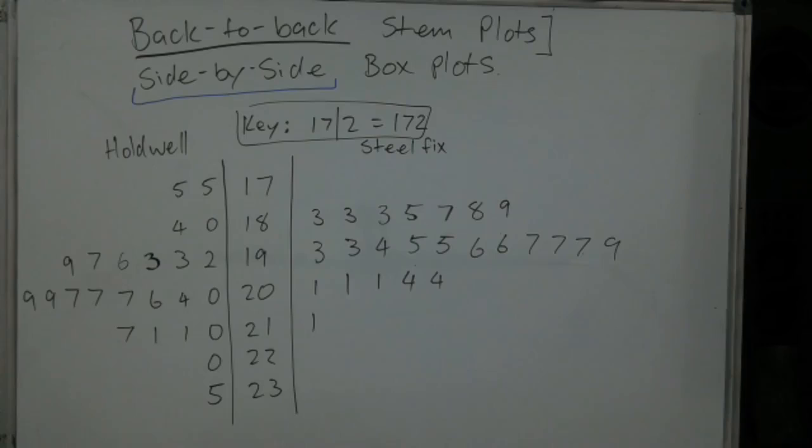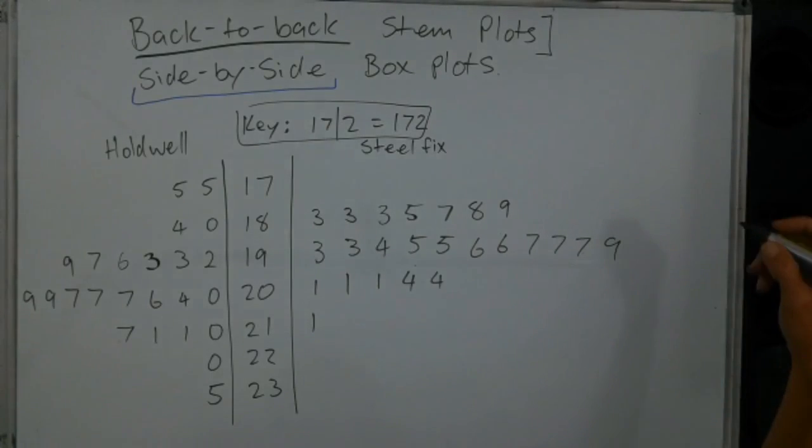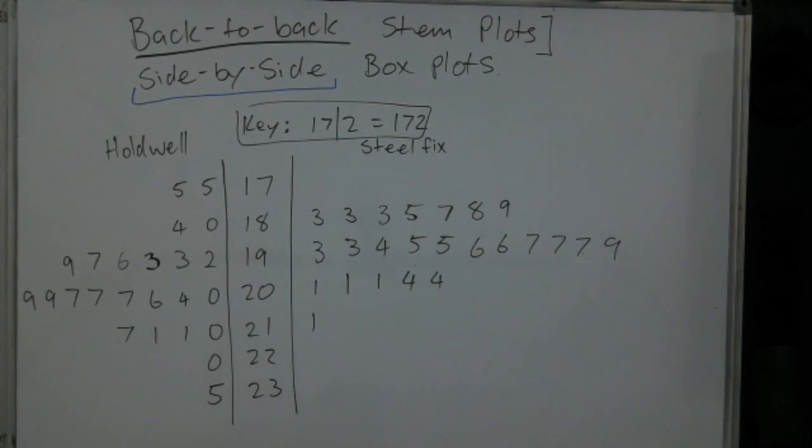And when we do box plots of this data as well, hopefully that will be reflected in the diagram once we see it. So from here, we need to find the minimum, the quartiles, the median, and the maximum, both sets.